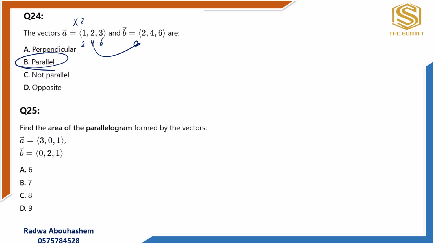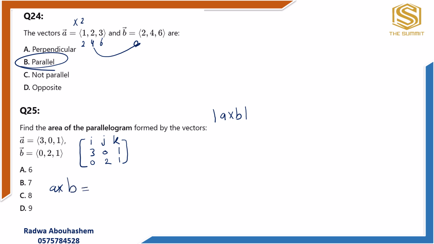Find the area of the parallelogram. This means I have to get the magnitude of the cross product. So let's put it first as a matrix and get the determinant. Okay, let's start with the i first.